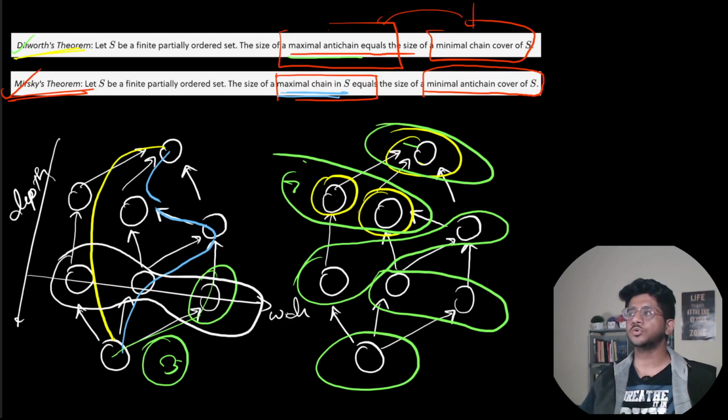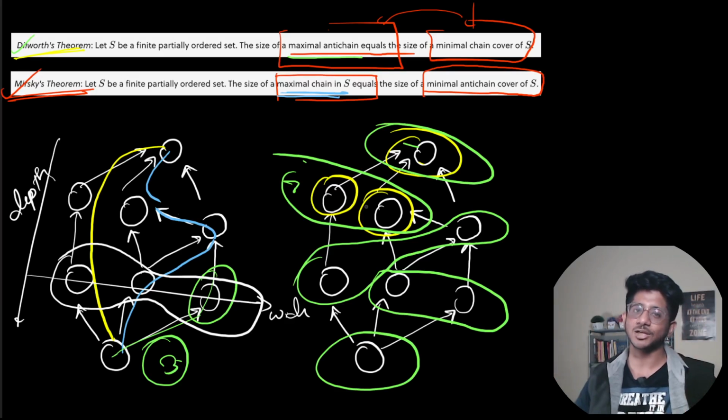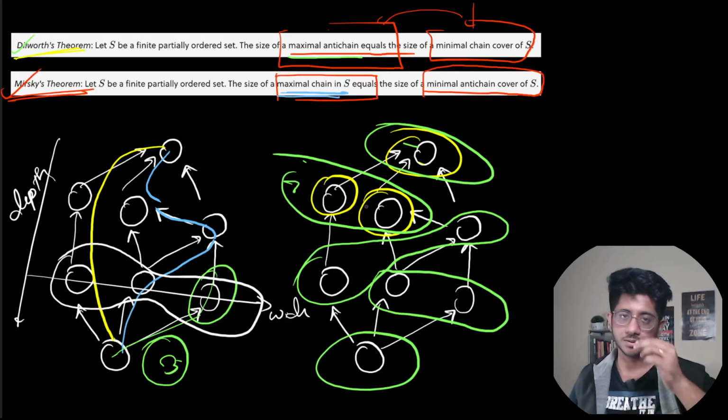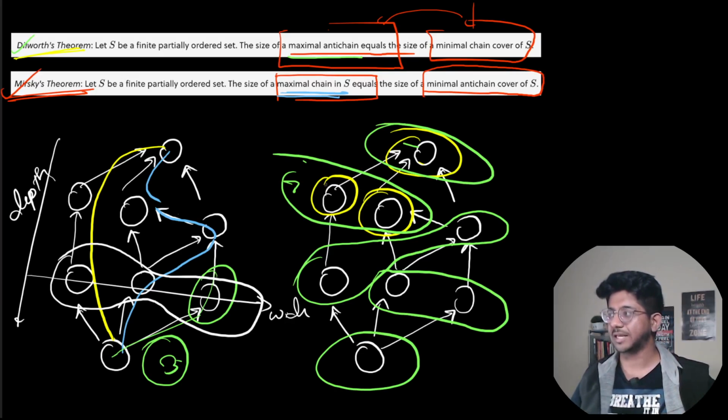You can see that no two nodes in the same set have a relation between them, and it's a proper anti-chain. So this is the minimum number of anti-chain covers that you require, and it's actually equal to the maximum chain.